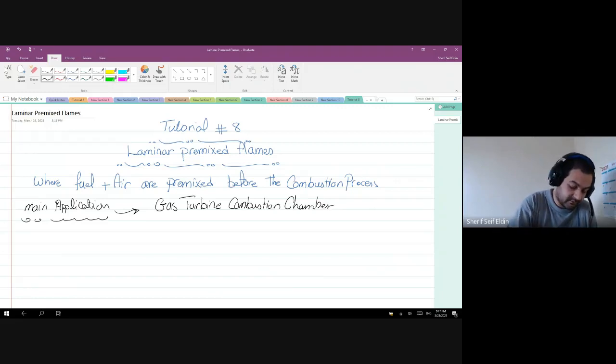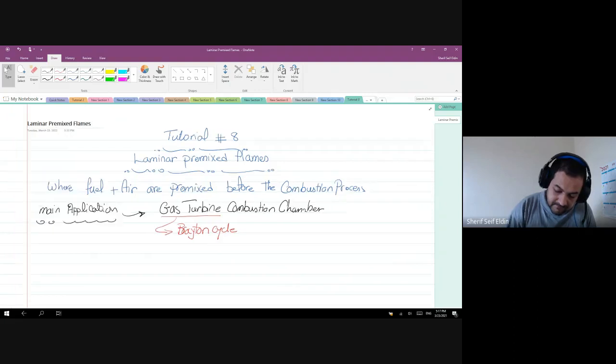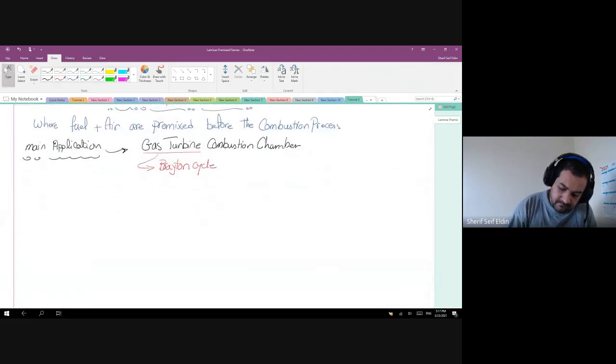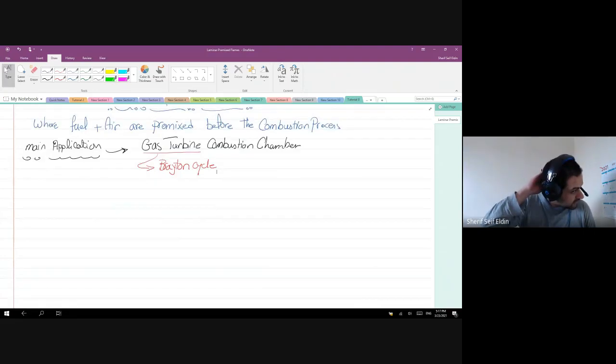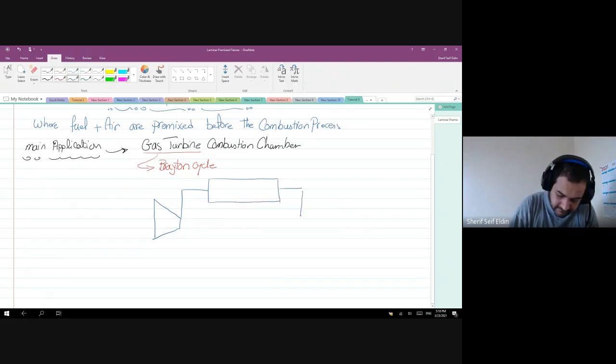The gas turbine is basically, this is a Brayton cycle, where we are having a compressor, a combustion chamber, and a turbine.